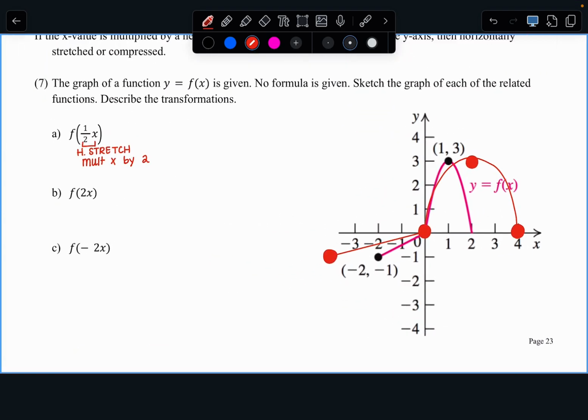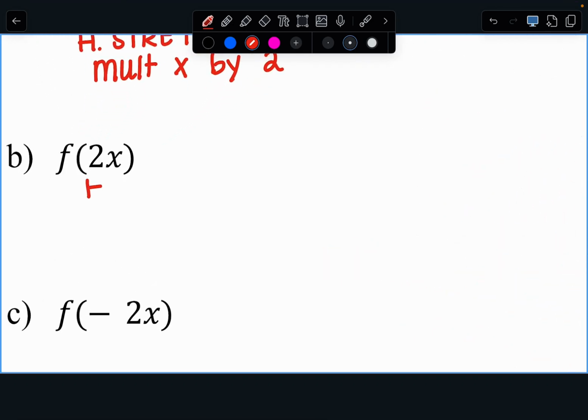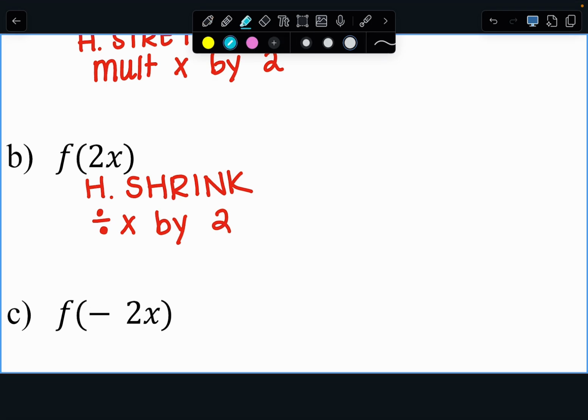So f of 2x, this is a horizontal shrink. This is saying you're cutting your distance in half. To get just a regular x, you have to divide x by 2. And I'm actually going to change that to a different color so you can see. Divide x by 2.